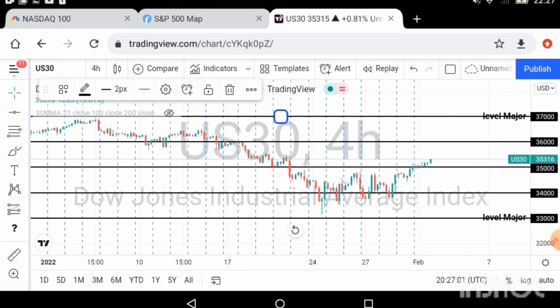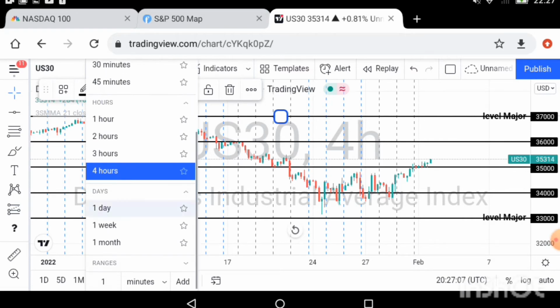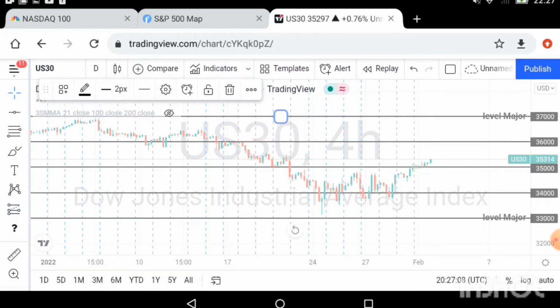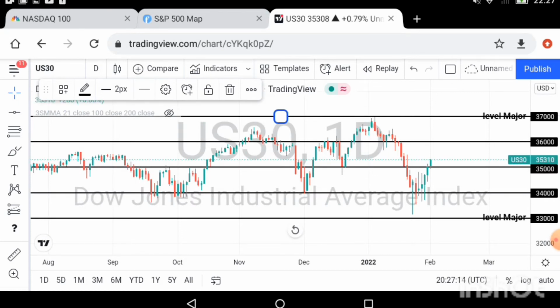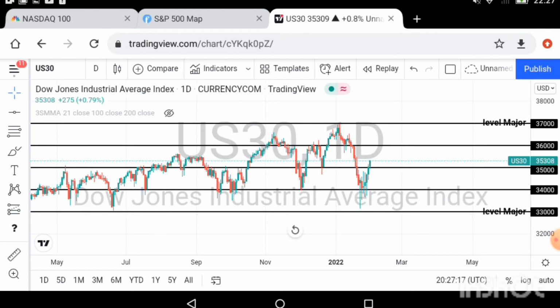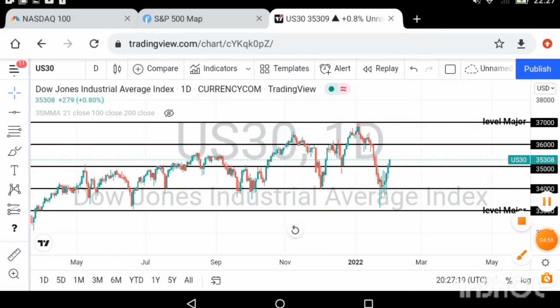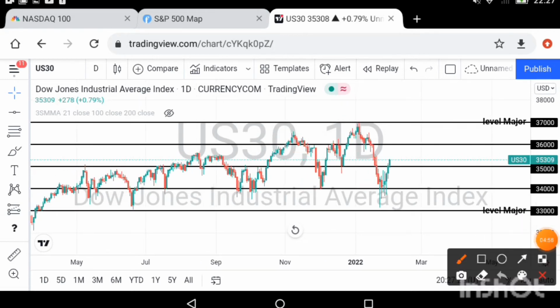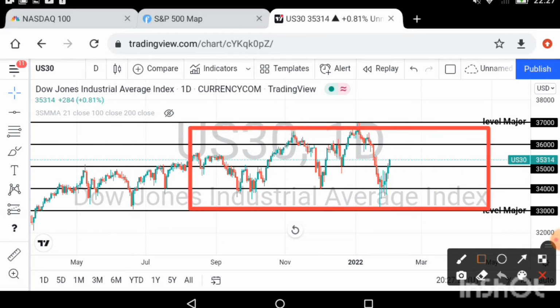Okay, I think if I go to a higher time frame, your daily time frame, we might get a reaction around what the market does on the major level. But I want us to finish drawing all the major levels. I think this is good because we are inside these two major levels, from 33,000 to 37,000.